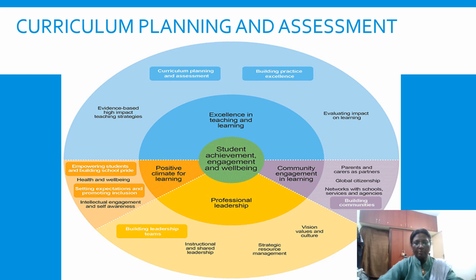Even in medicine, there are different types of doctors who will develop themselves as professional leaders at the medicine level, and so on. And a positive climate for learning: when we are framing and implementing the curriculum, we are giving a positive and good atmosphere for learning.